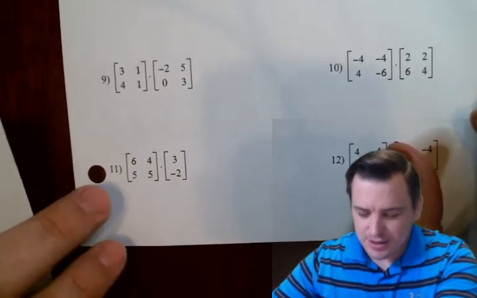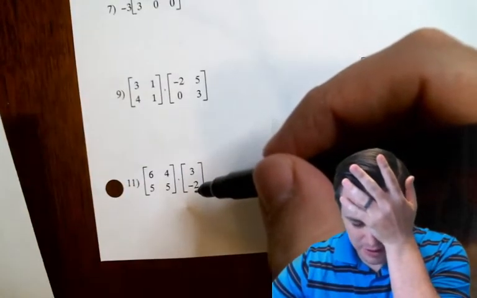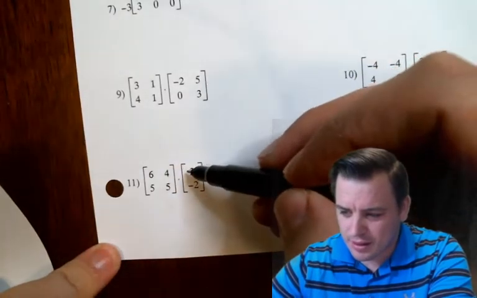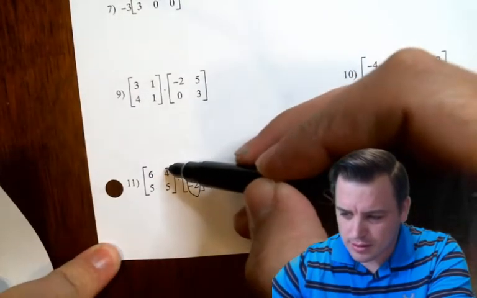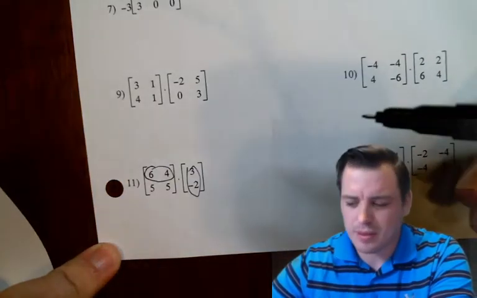All right. So what it appears that you're going to do is multiply this row times this row. Okay, so very similar to that other thing.